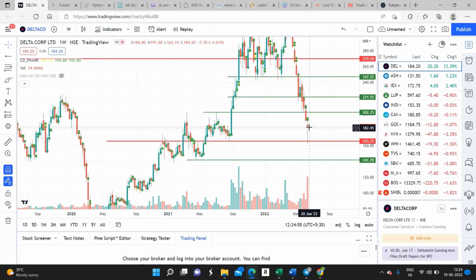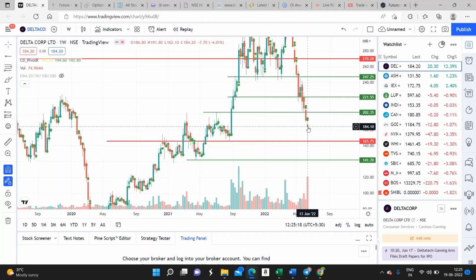As we can see, the sellers have dragged the price of the stock till 163, 164, and the buyers are very bullish. They have taken the stock price up here somewhere and closed around 184.